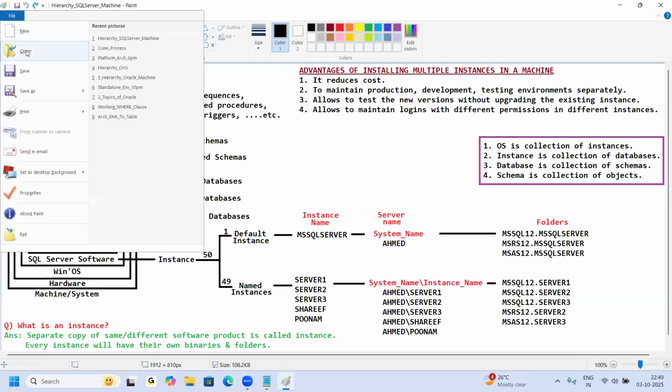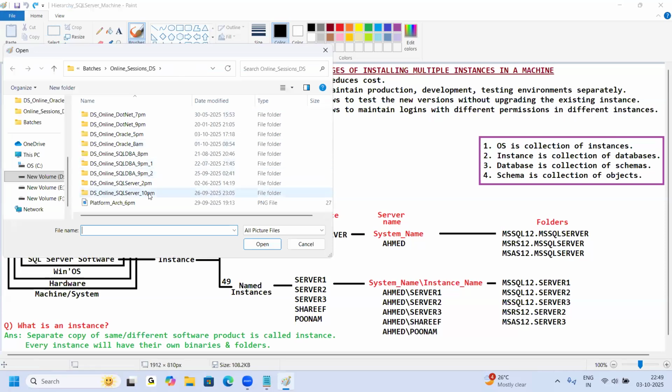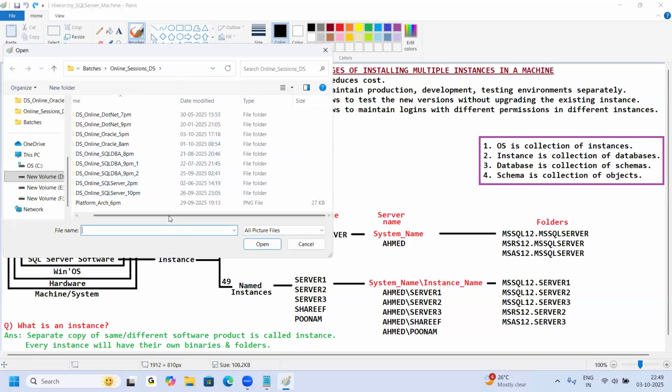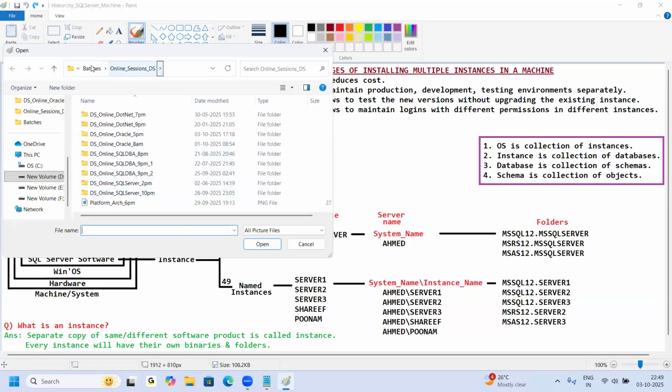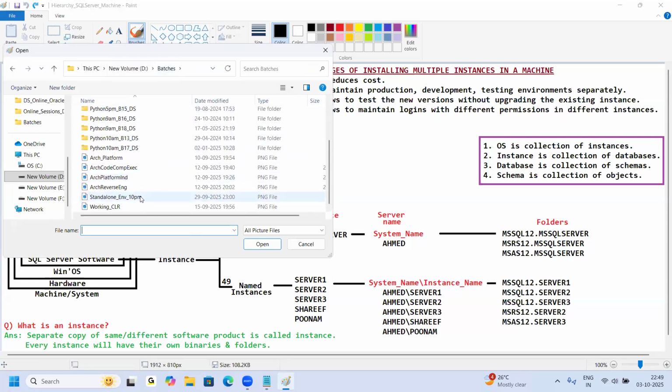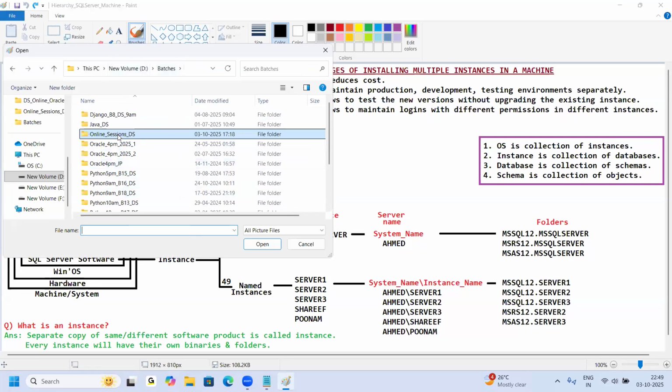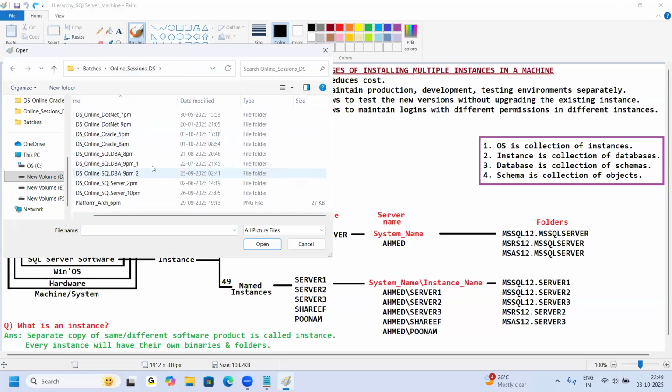This is one part. And the second part we discussed, what was that next we discussed? One more topic also we discussed.